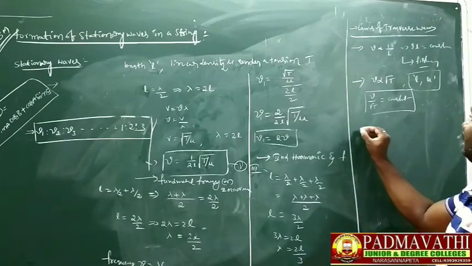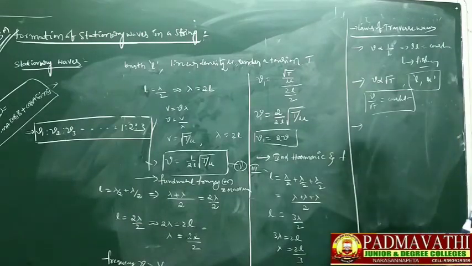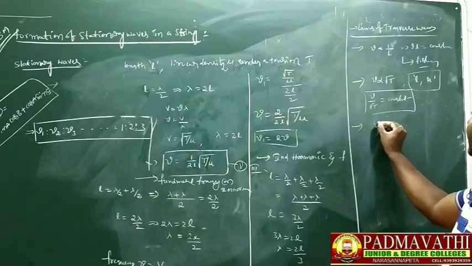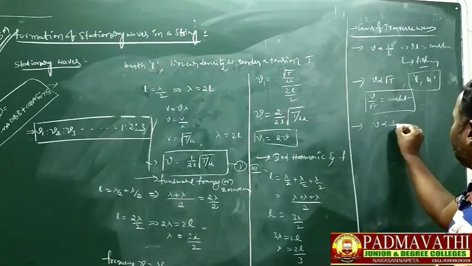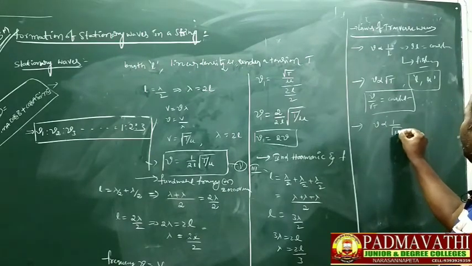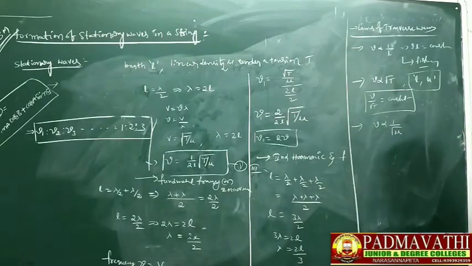Okay. So now we discuss the third law. Nu is proportional to 1 by root mu. Here tension and length are kept constant.